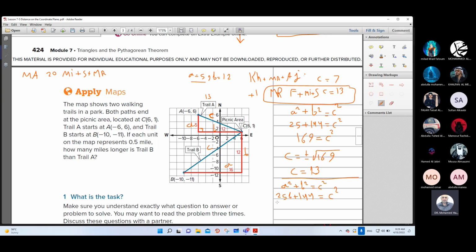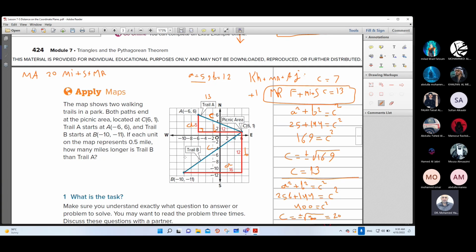The sum of the two numbers here will be 400, equals C squared. So C equals the square root of 400, which equals 20.